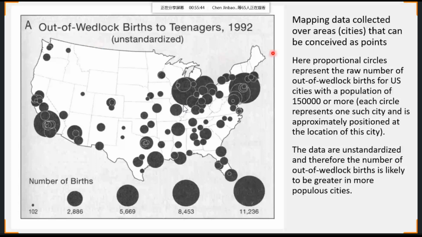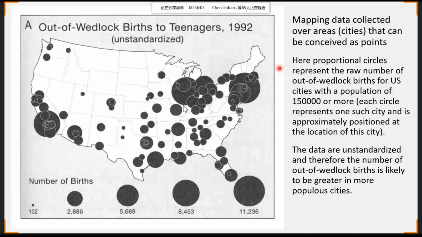And yeah, you see this distribution, the numbers here in this map. The mapping data collected here over areas, cities, that can be conceived as points. So this is for this kind of data. So they are all from cities.